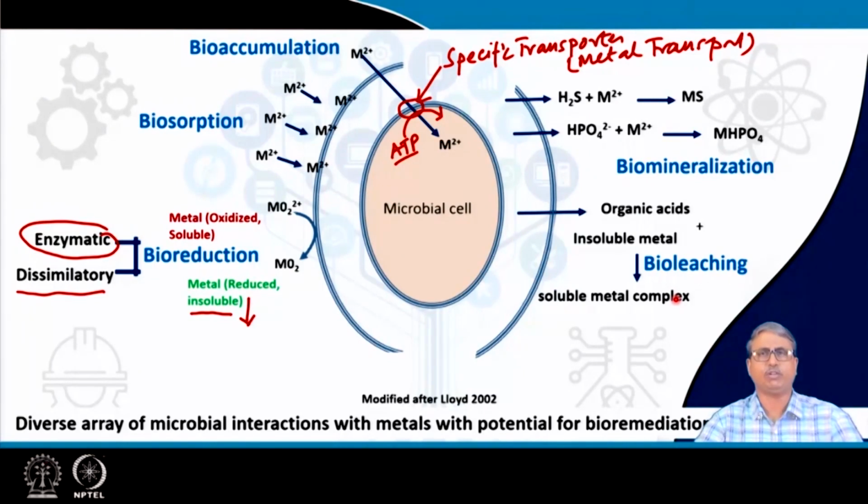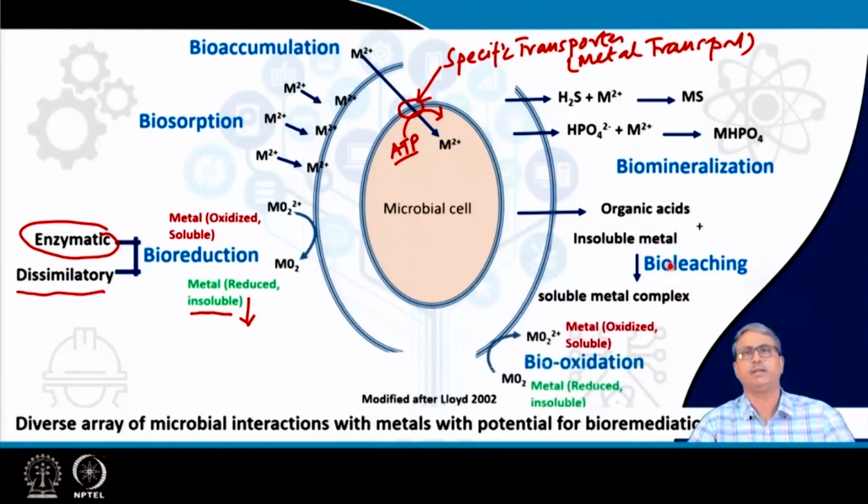Therefore, the soluble metal complexes leach out or mobilize from the soil or the sediment, and that process is called bioleaching. During biohydrometallurgy or recovery of different industrially important metals, this process of bioleaching has been found to be very important, and we will discuss bioleaching in a separate lecture.